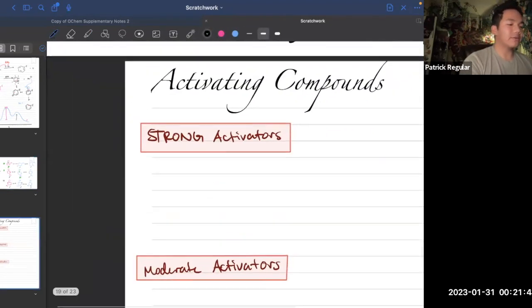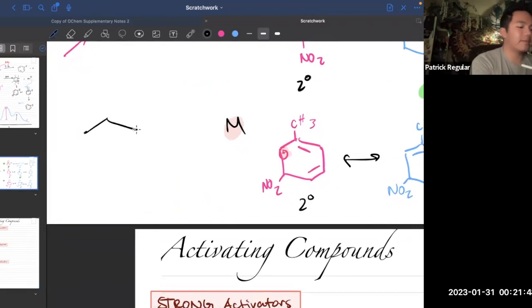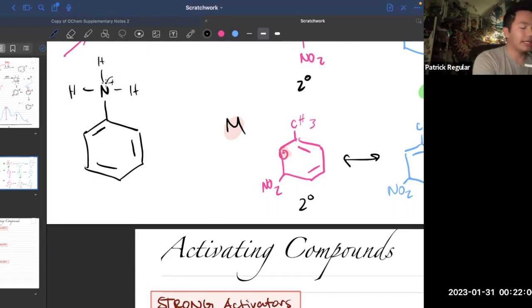So let's say we had a protonated aniline, remember, NH3 plus is a strong deactivator. It looks something like this. It's aniline, but protonated. So there's a positive charge on the nitrogen. So if we were to follow our meta rules, if we were to add something that's meta, then our carbocations would form only here.